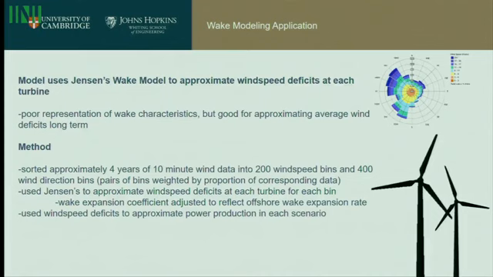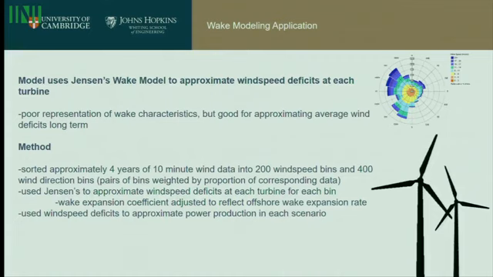Now, the 200 wind speed bins and 400 wind direction bins might seem fairly arbitrary, but you can actually look at, for each number of wind speed bins, a different stochastic variable. And the expectation is that as you increase the number of wind speed bins, the stochastic variable that's underlying the power output for that number of bins decreases in variance, and at some point converges to the actual annual power production of the plant.